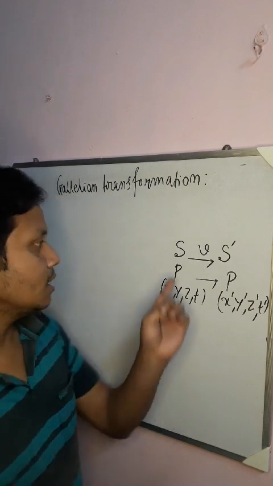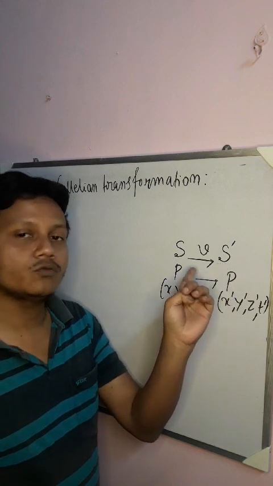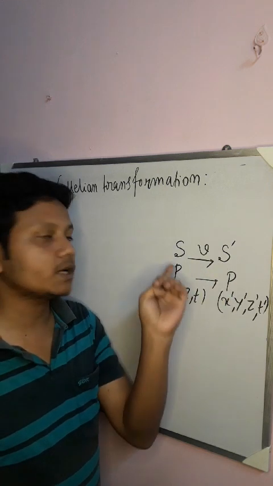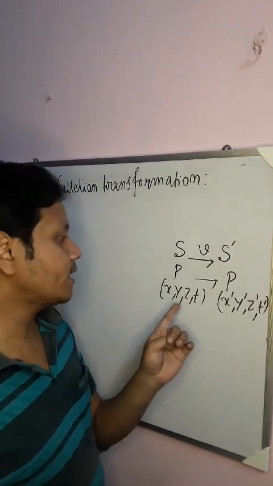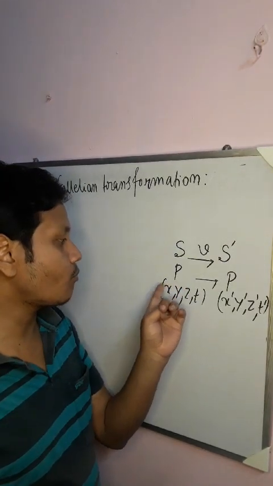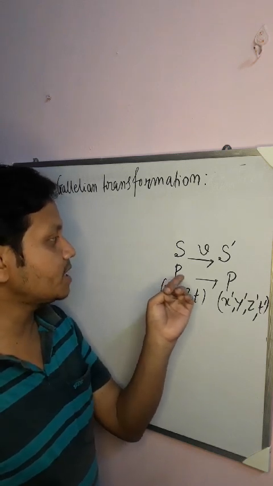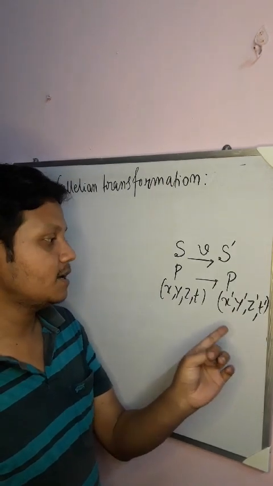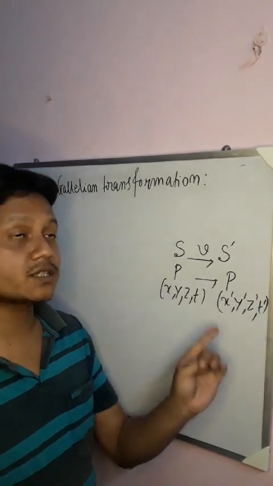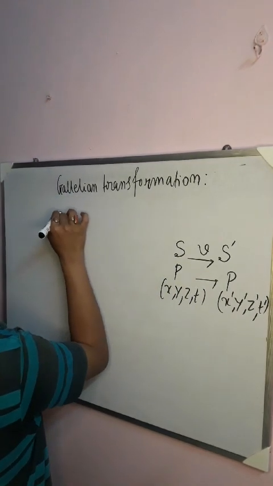S is the inertial frame and another frame S dash is moving with a constant velocity v with respect to the S frame, so S dash is also inertial. So if at any instant t the position and time coordinates of an event P in the S frame are these, and in the S dash frame are those, then we can connect them using the Galilean transformation equations.